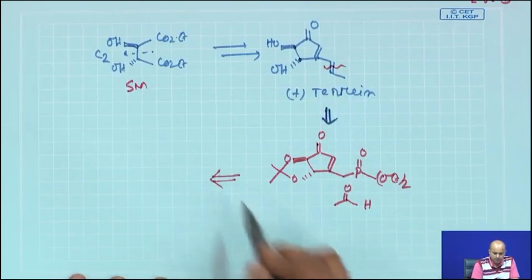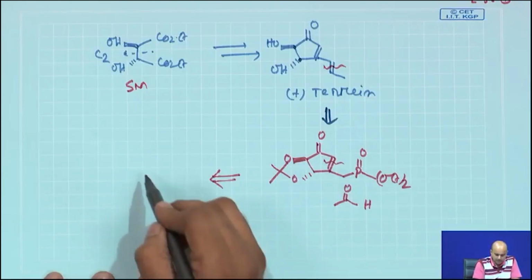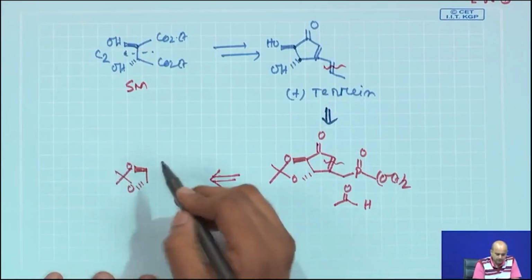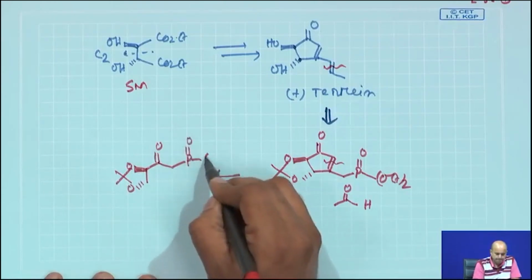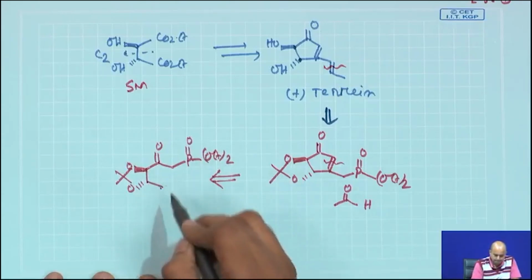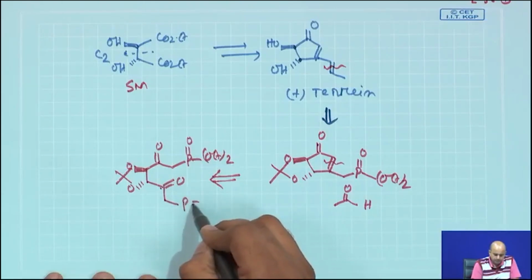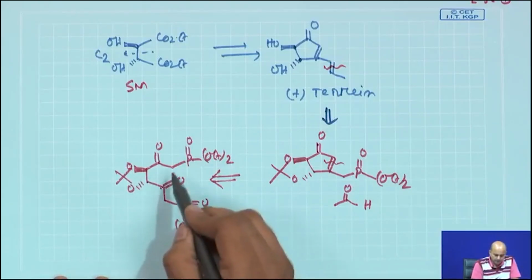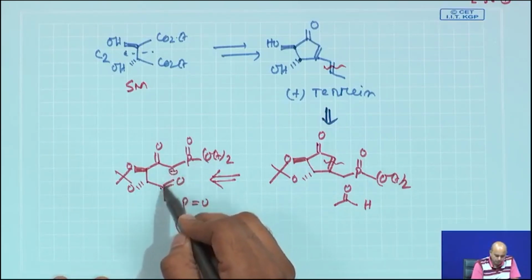So, now we will again be disconnecting this part here, and now we are saying that if we have this ketophosphonate, again C2 symmetrical, you first do an intramolecular Horner-Wadsworth-Emmons reaction with one of these carbanions onto this carbonyl.